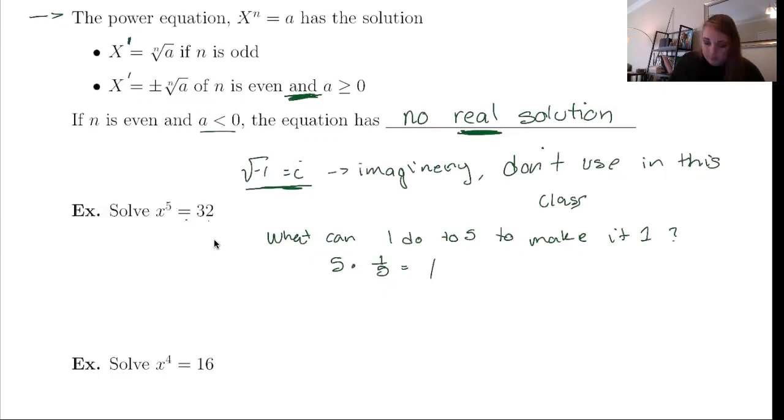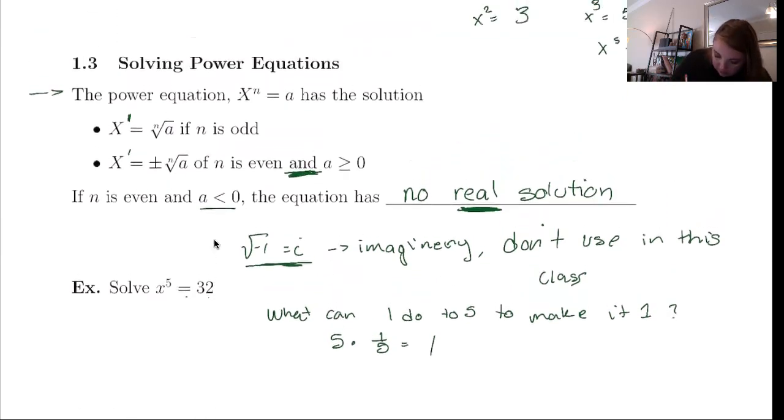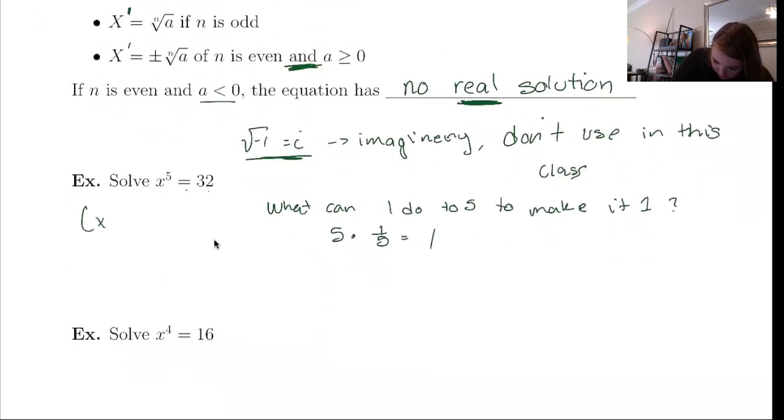I know that if I write x to the fifth to the 1/5, we have that exponent rule that I can multiply those exponents together. But remember, what I do to one side, I need to do to the other. So I'll do 32 to the 1/5. And remember, the exponent 1 over 5 is the same as writing the fifth root. So that's all we're doing.